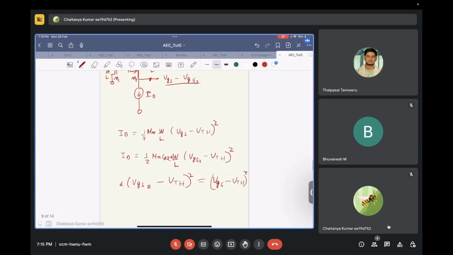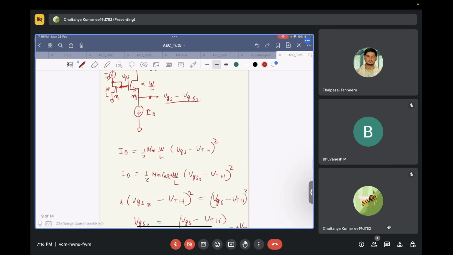So VGS2 you get as (VGS minus VTH) by square root alpha, plus VTH. Correct? Exactly.